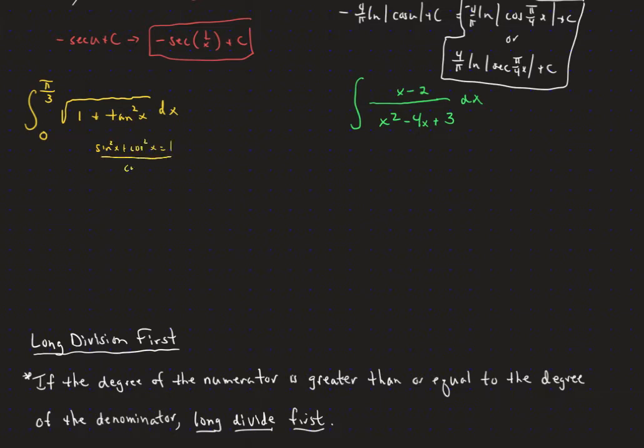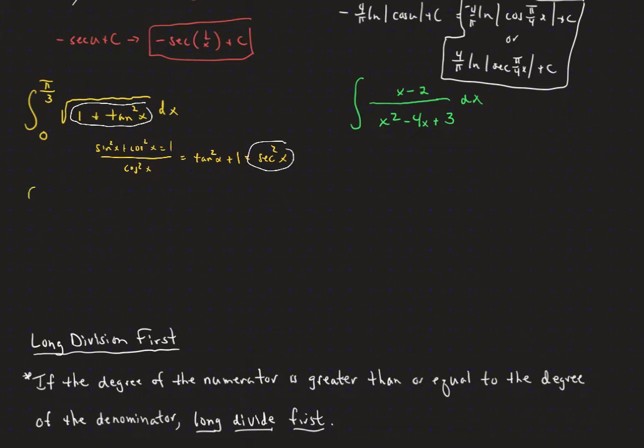So if we divide by cosine squared x, because tangent squared is sine squared over cosine squared, then the sine squared over cosine squared is going to be a tangent squared, and the cosine squared over cosine squared is 1, and 1 over cosine squared is secant squared. So we can replace that 1 plus tangent squared x with a secant squared x.